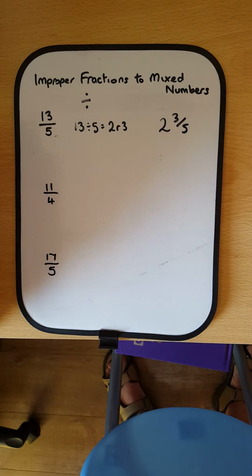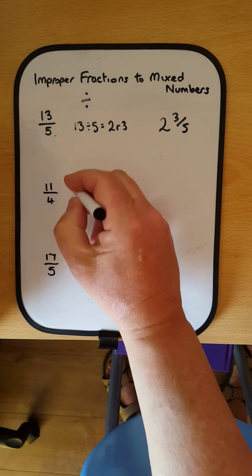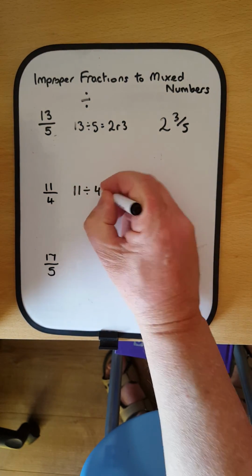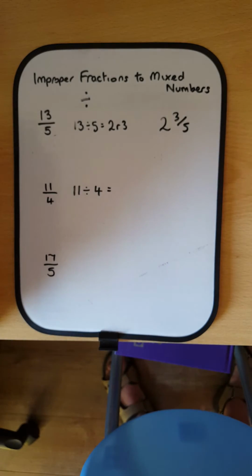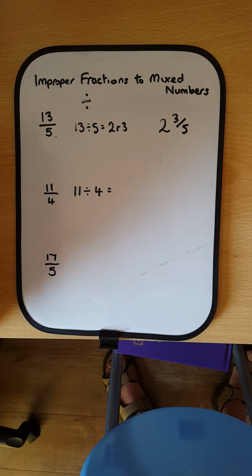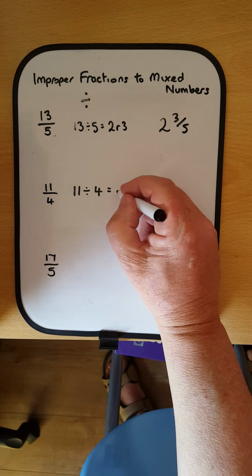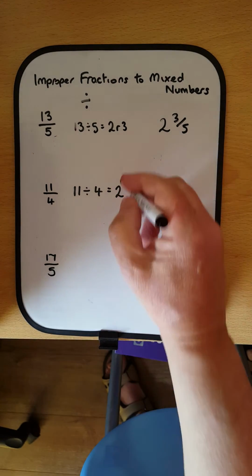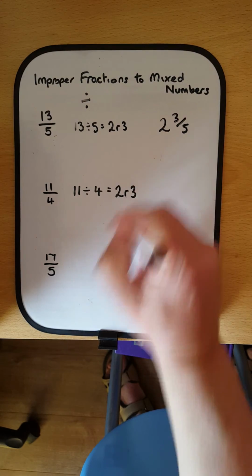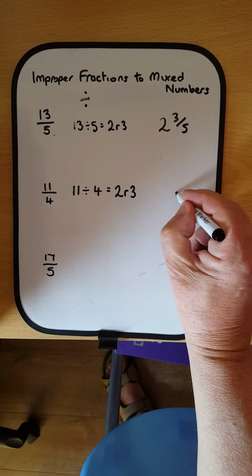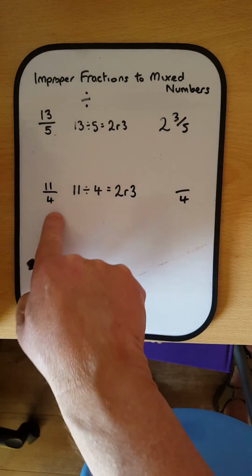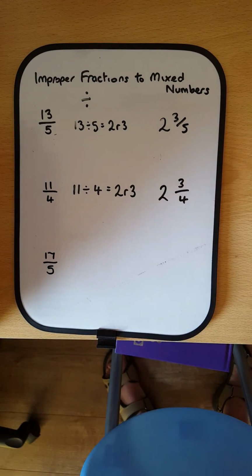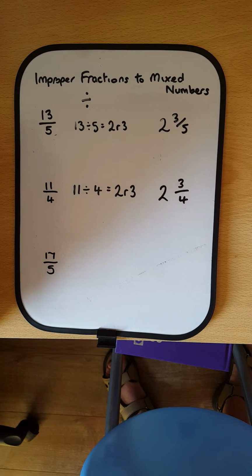So keeping it the same here, 11 over 4. That means 11 divided by 4, which of course means how many 4s are there in 11? Well, once again, there are 2 4s. 2 4s are 8, so it's remainder 3 again. This time our bottom number is going to be 4 because it was 4 there, so it's 2 remainder 3, 2 3/4.